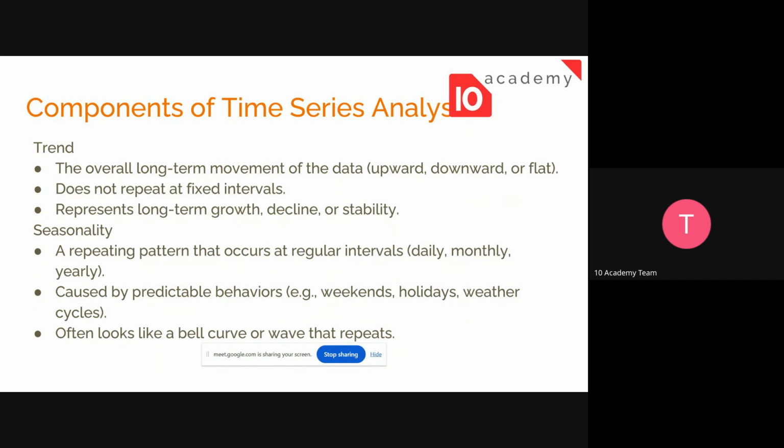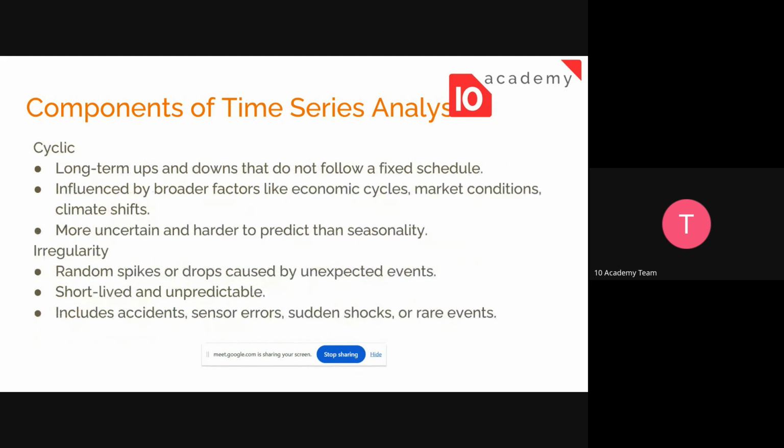For example, if your sales go up on the weekends and go down on the weekdays, this is seasonality. You expect something to happen on the weekends, but in cyclic, it does not mean a definitive interval. It might be different, so it's uncertain and harder to predict.